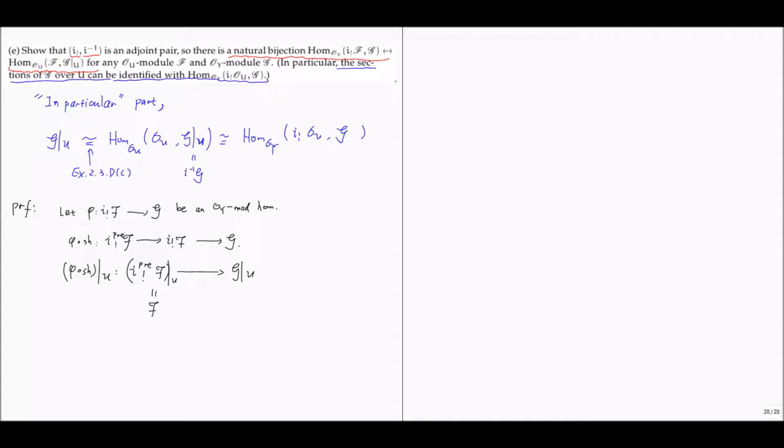It is automatically a homomorphism of OU modules.